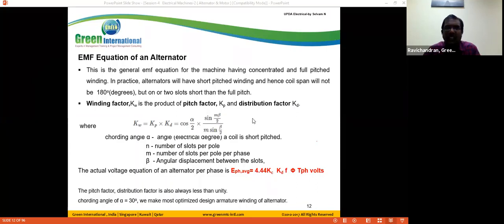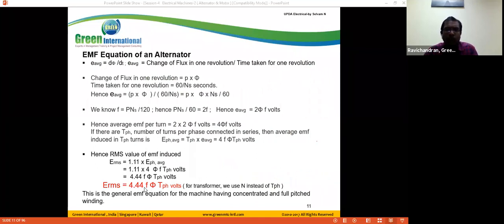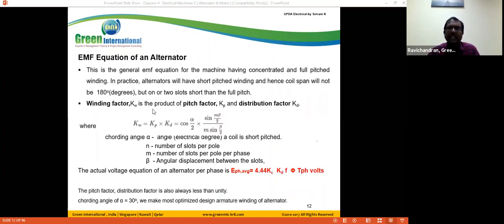We just multiply: 4.44 f Φ Tp into 1 if we have a straight line. If we have a curve, the 1 is replaced with 0.9. So in place of 1 we use the term Kw, the winding factor Kw. So multiply.